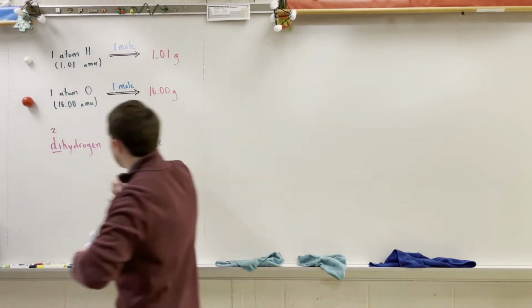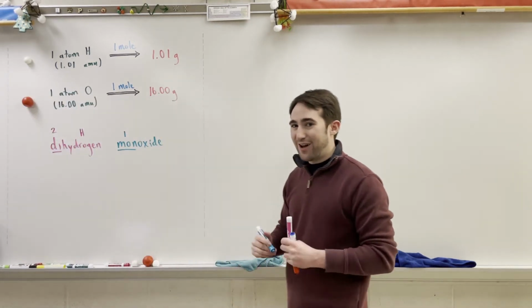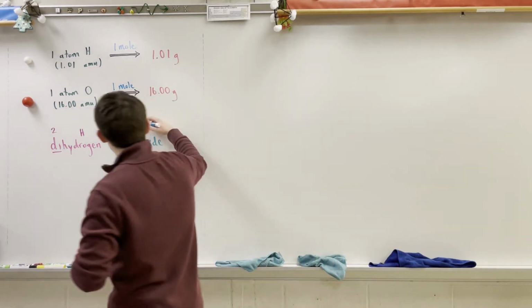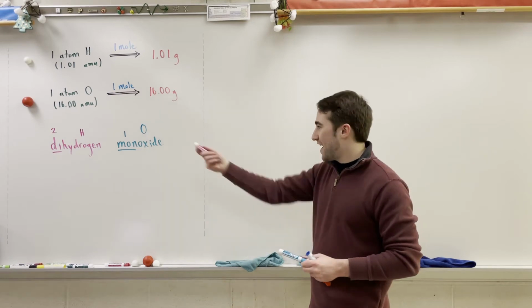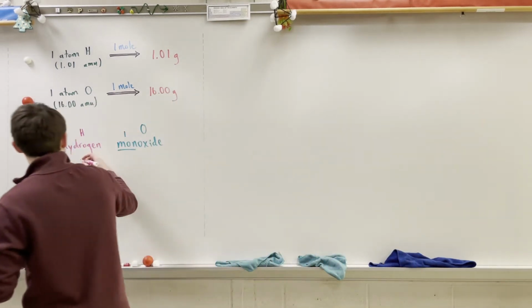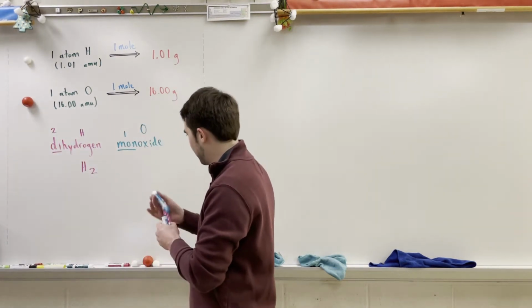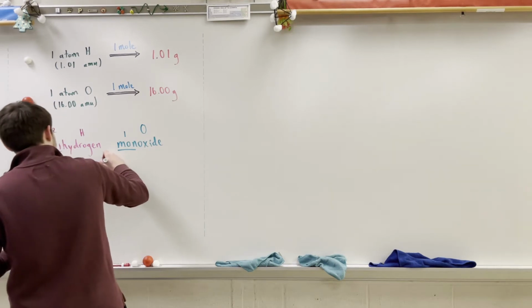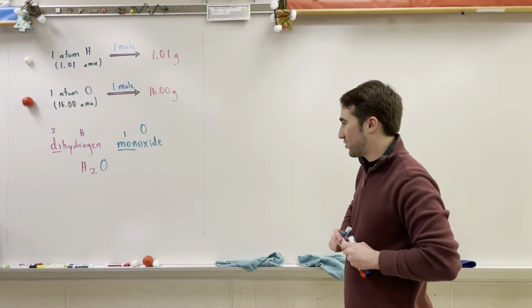Hydrogen is H. Oxide is talking about oxygen, which is O. So my formula for dihydrogen monoxide would be 2 H's and 1 O. In other words, H2O. It's water. Dihydrogen monoxide is just water.